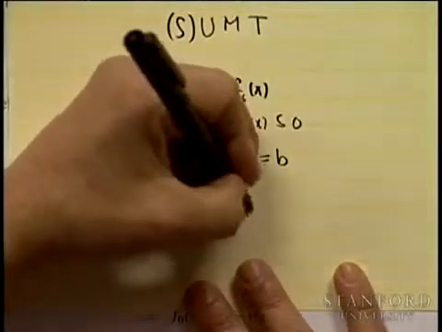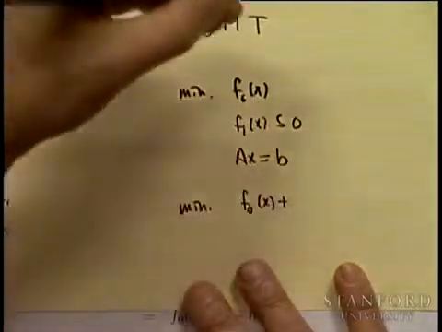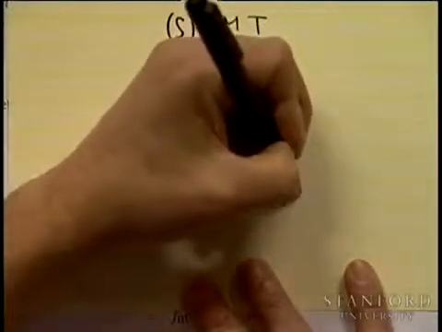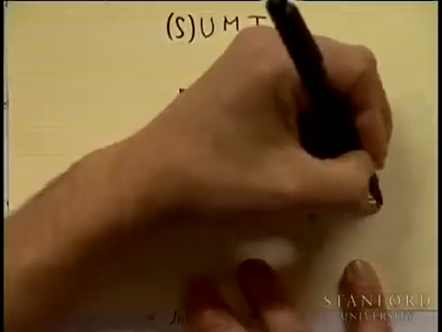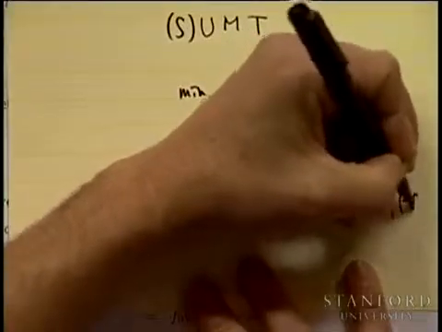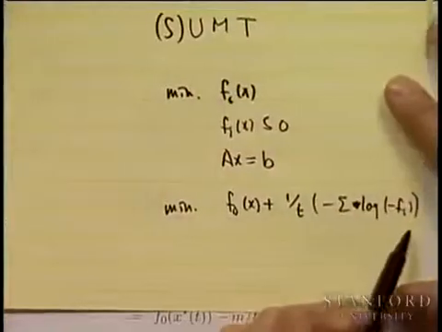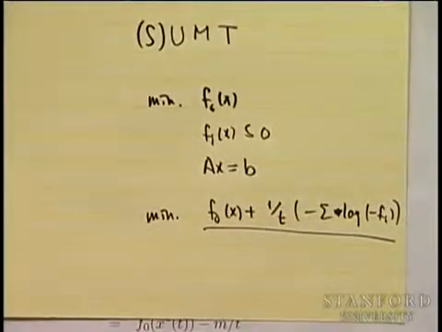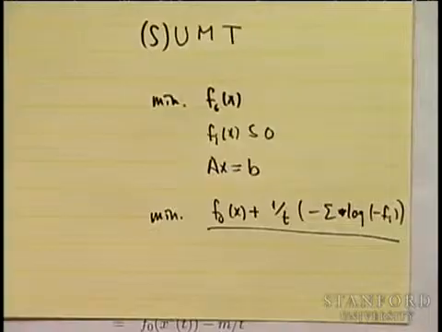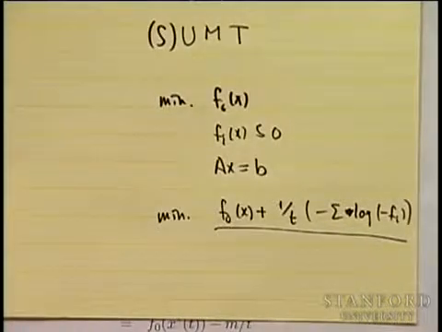It says minimize f0 of x plus 1 over t times minus the sum of log of minus f_i. Okay? That is a smooth function. Newton's method will minimize it. Well, I should say, certainly in theory, it will, so will the gradient method, by the way, in theory, minimize it.